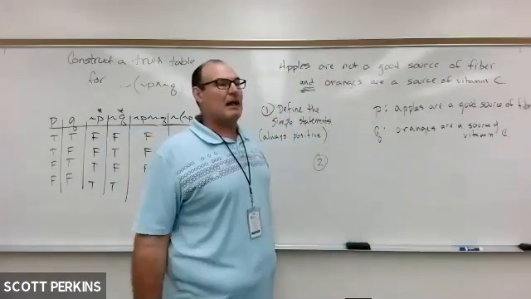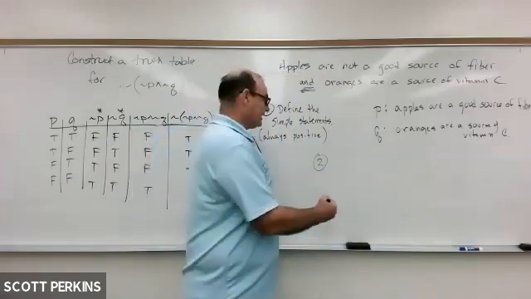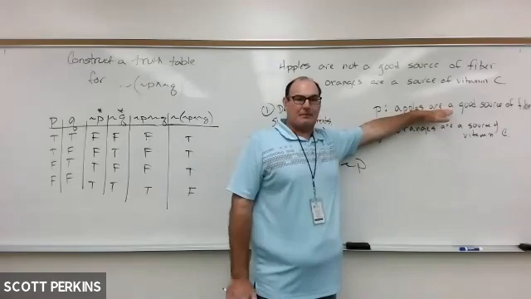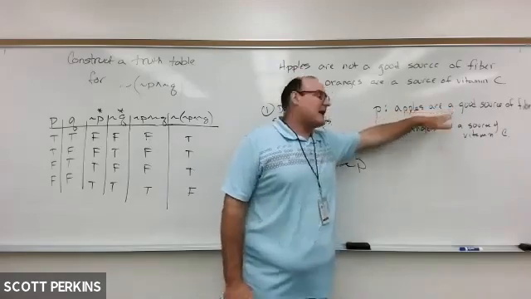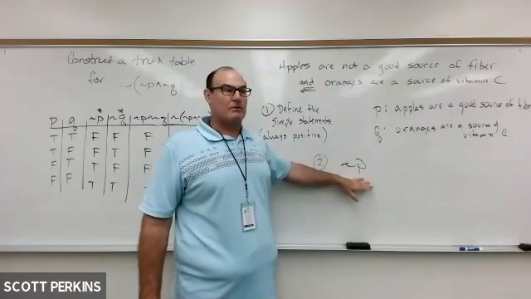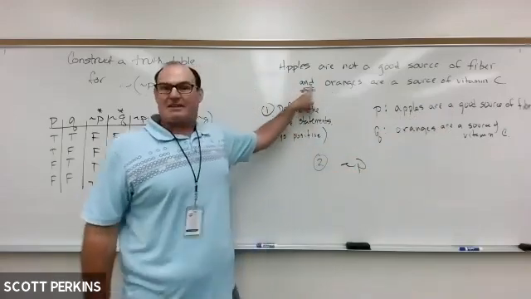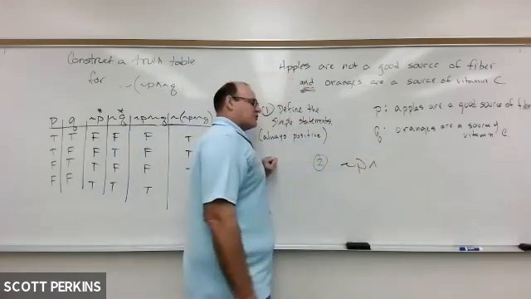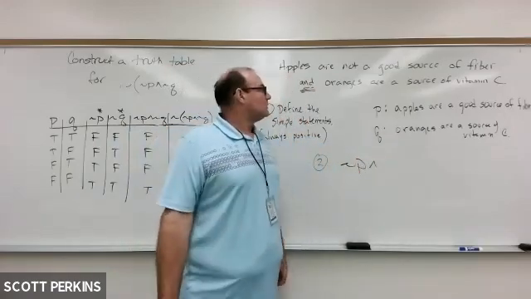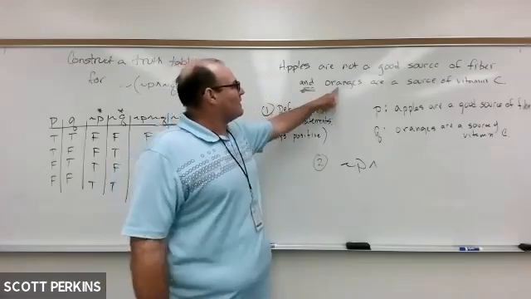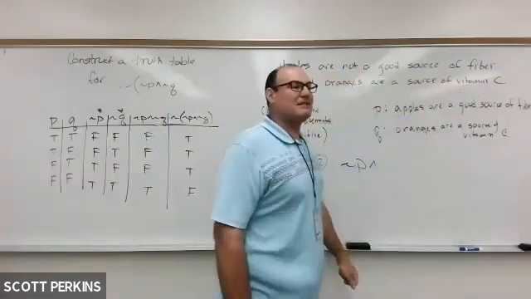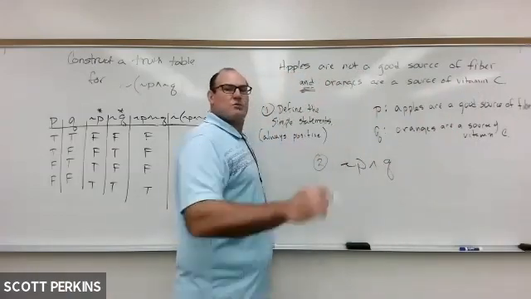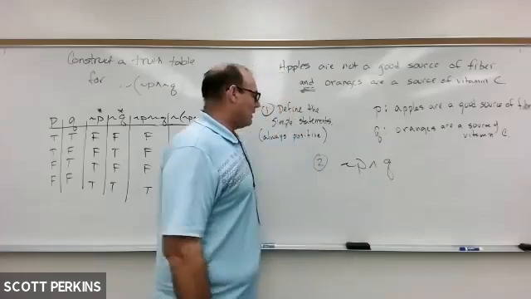What is that written symbolically? Squiggly P. So we leave the not out when we define the statement because we have the squiggly. We add it back in right here. Squiggly P. And then the word and, that is represented by a caret or a triangle without the bottom, or an upside down V. And then oranges are a good source of vitamin C. That is that part right there. That's just what we did in class on Thursday. So maybe it's coming back to you.